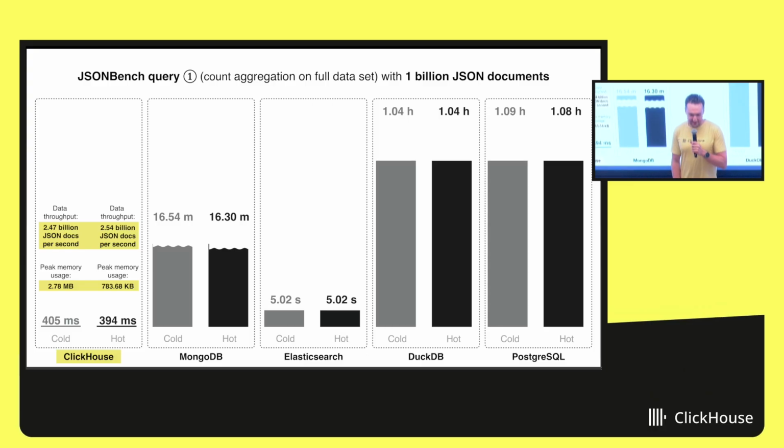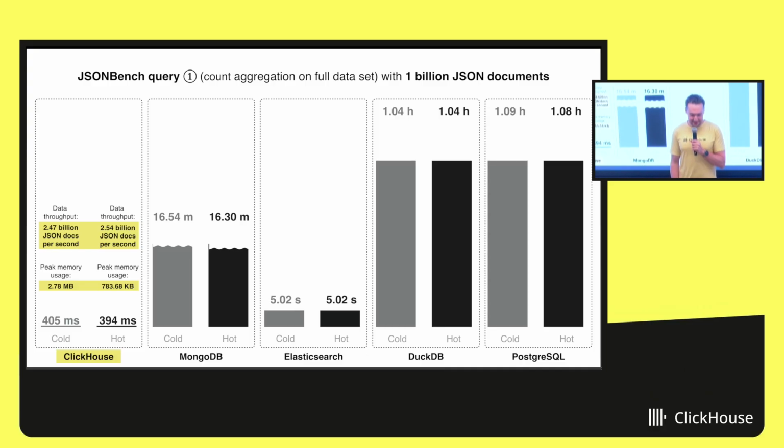Let's take a look at another comparison. Let's look at a single query on this data set that does aggregation across 1 billion JSON documents. Not only is ClickHouse the fastest with a sub-second result, it also takes less than 3 megabytes of memory to run this query.